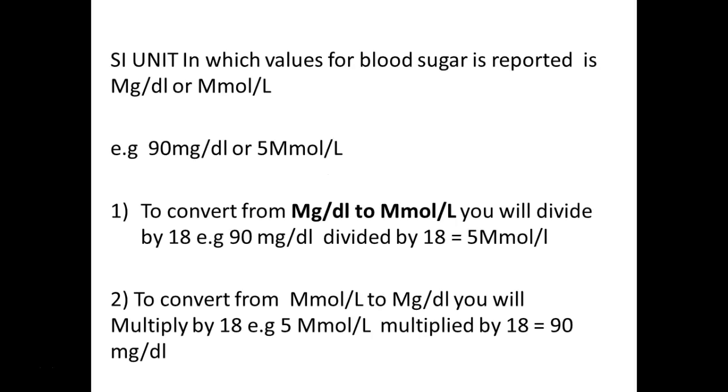The standard international units in which blood sugar values are reported are milligram per dl or millimole per liter. For instance, you can say what you got this morning is 90 milligram per dl, and that equals 5 millimole per liter.